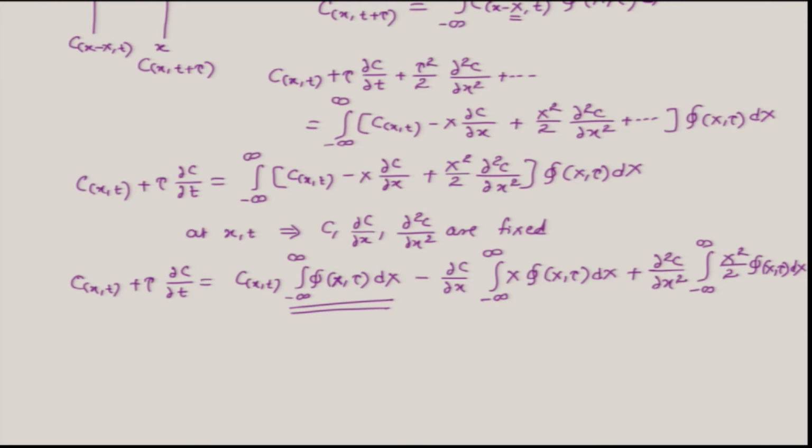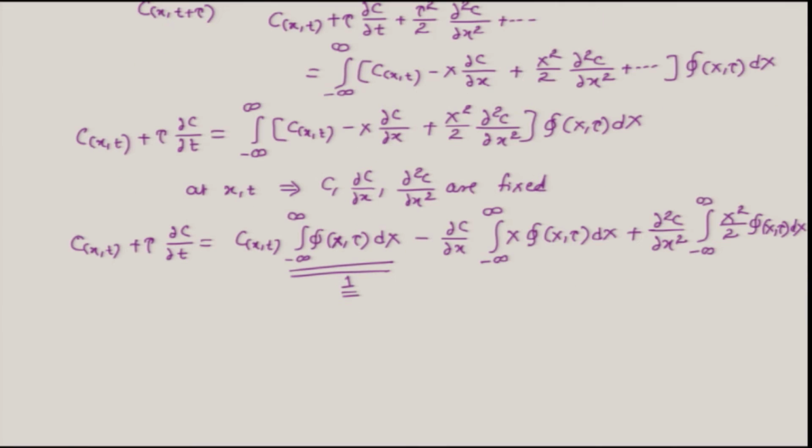So, if we take the summation of these probabilities over all possible values of X, it should be unity, 1, right. So, this integral should be 1. What about this integral X phi of X tau and integral X square by 2 phi of X tau?